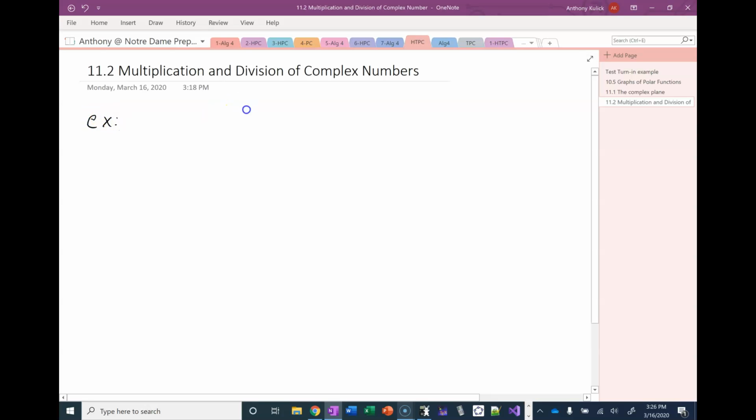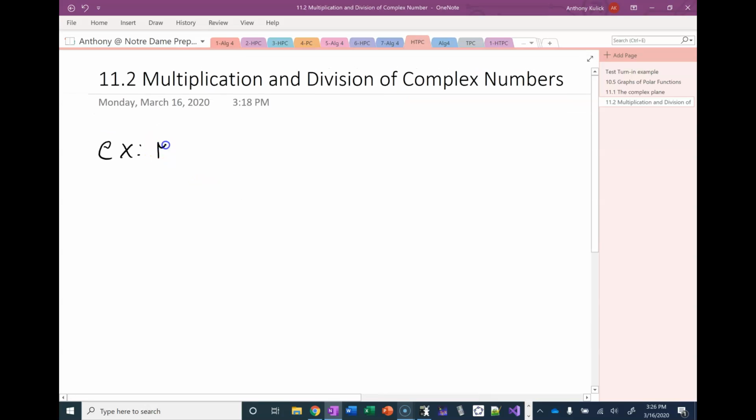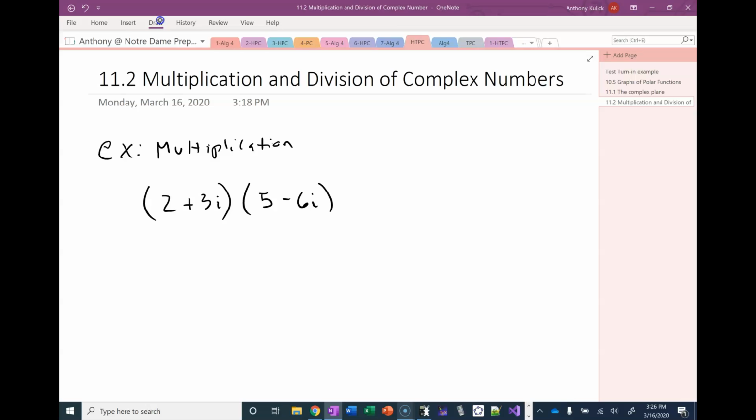So if you recall, back in your Algebra 3-4 class, you would have learned how to multiply two complex numbers like these together. And if you remember all the way back, we would have FOILed this out.